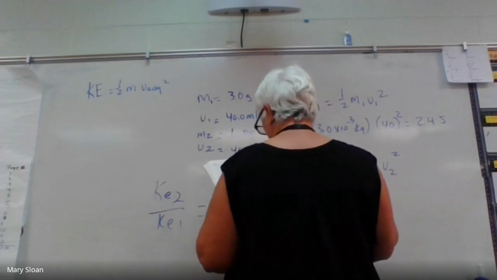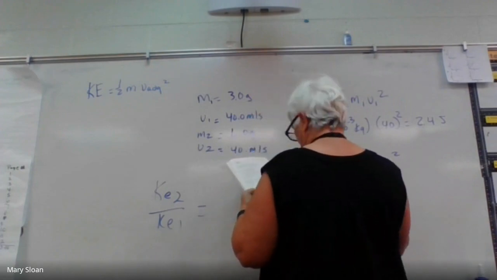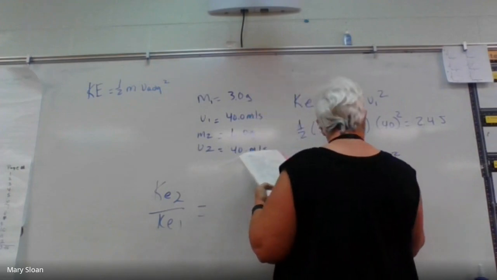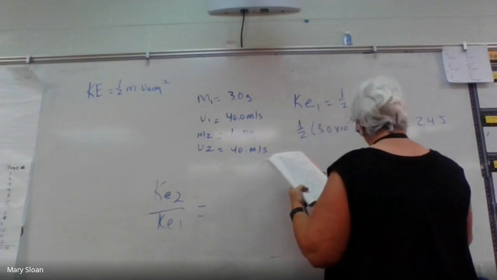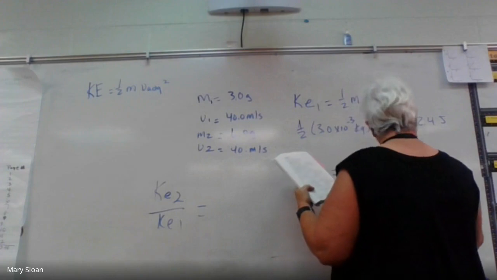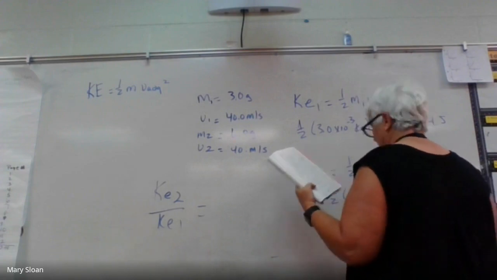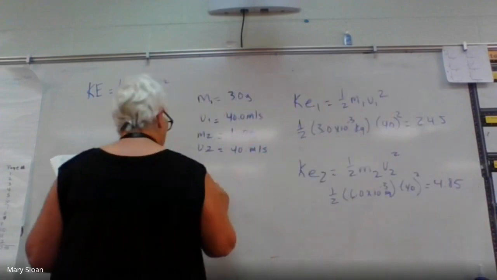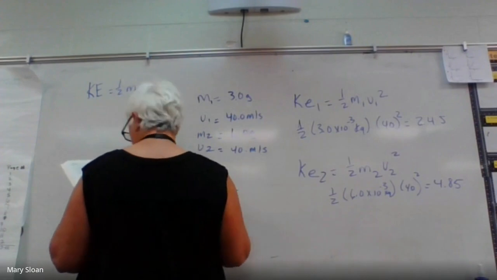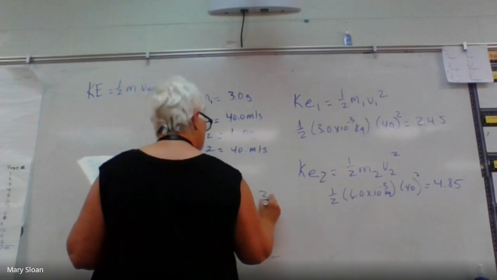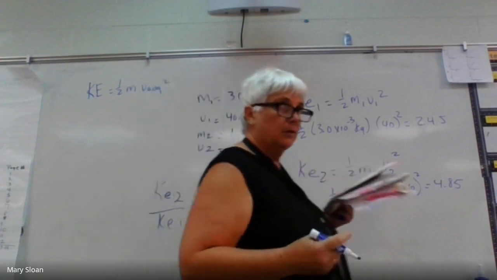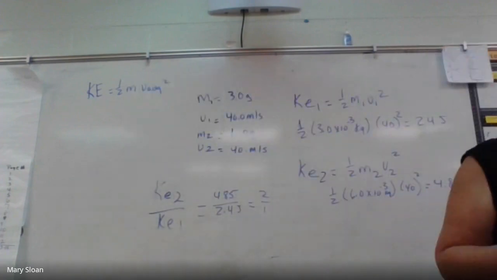The next one I did 1/2 times 6.0 times 10 to the negative 3 kilograms times 40 squared, which gave me 4.85. Then I took my 4.85 divided by my 2.4 joules, and that gave me 2 to 1, or 2. Everybody good?